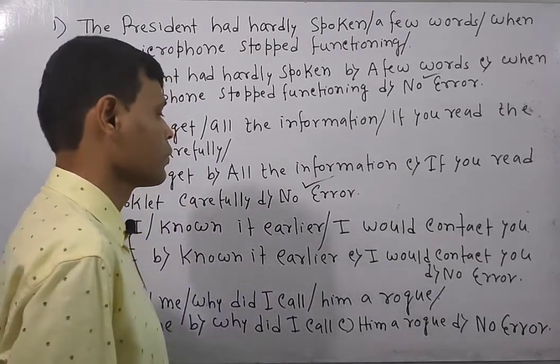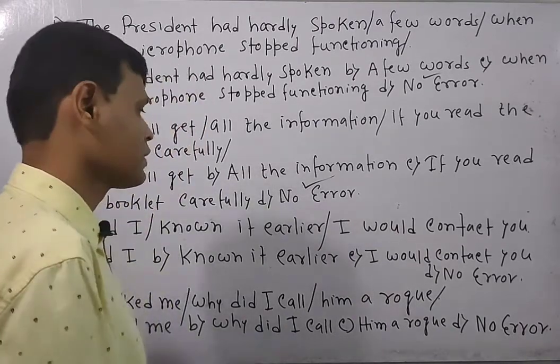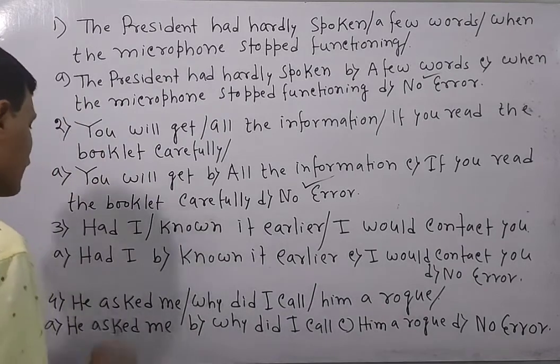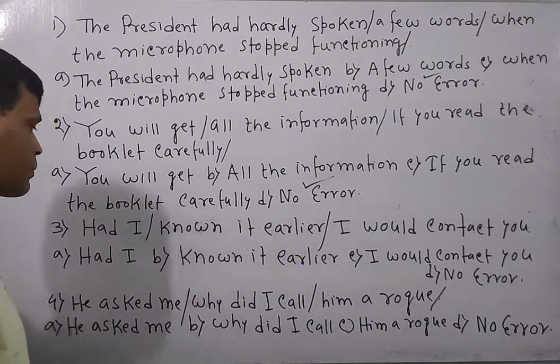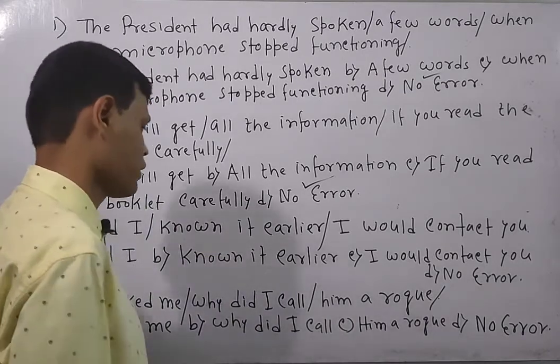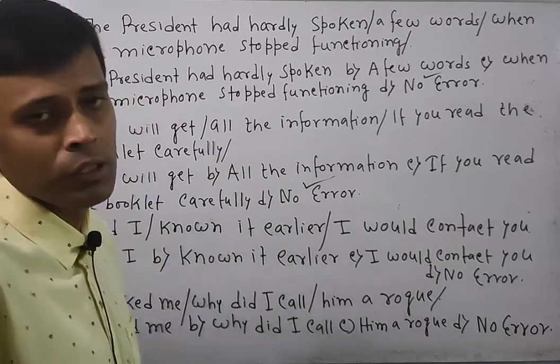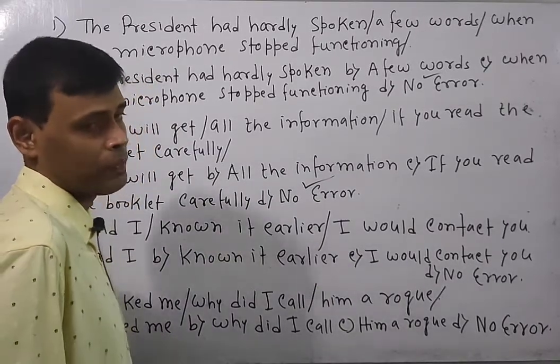But here what is written is only I would contact you. So this part contains a mistake. The first and second options don't contain any mistake, but the third option contains a mistake. It should be would have, could have or might have contacted you.